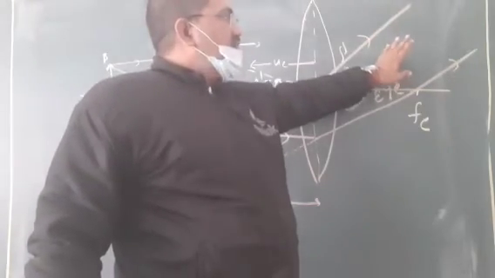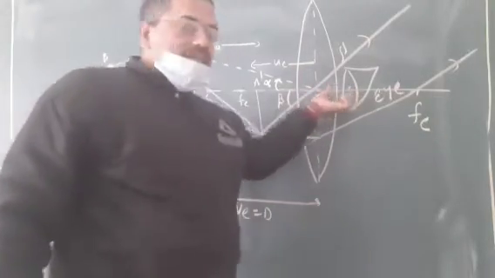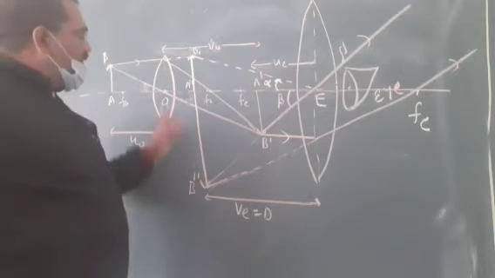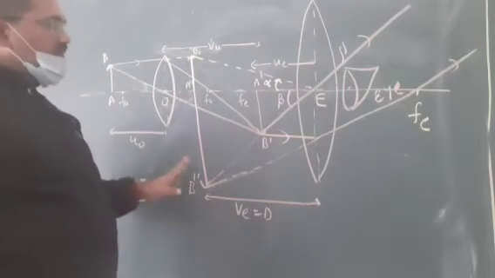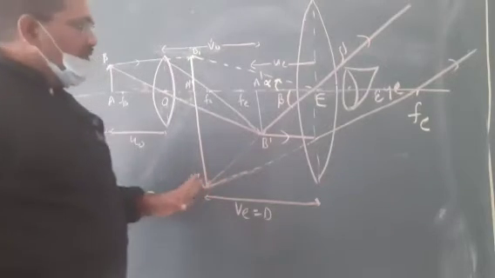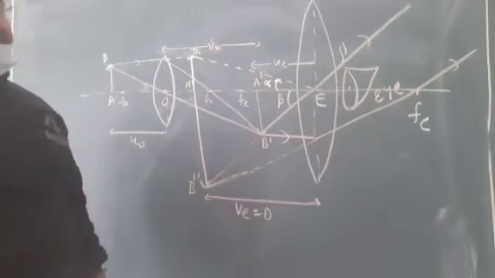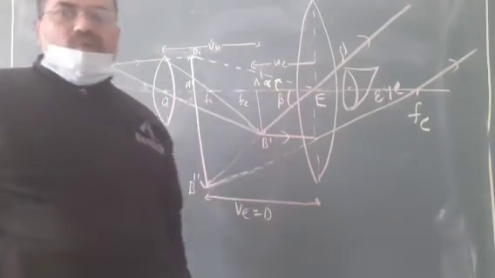These rays never meet, so we trace them backward, where the final image is formed, A double dash B double dash. This is a virtual, erect and magnified image. So this is the ray diagram of the compound microscope. Note it down.